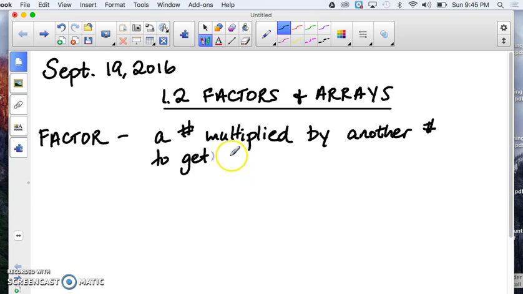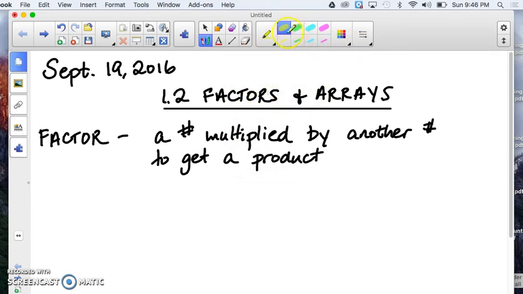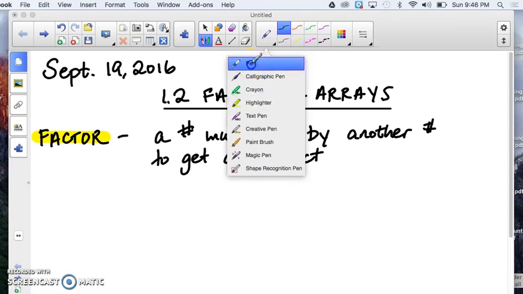Remember, a product is the answer to any multiplication question. Now, you can take a highlighter or a different colored pen. I'm going to take a highlighter here, and I'm going to highlight factor there because that's an important definition. Okay.